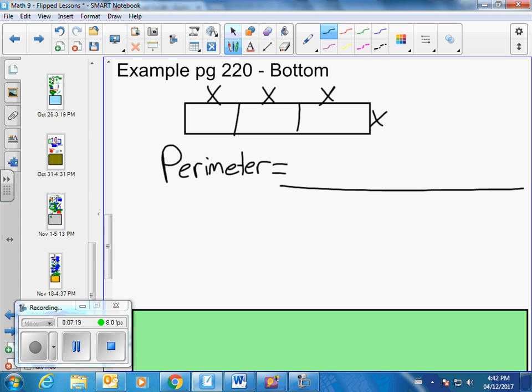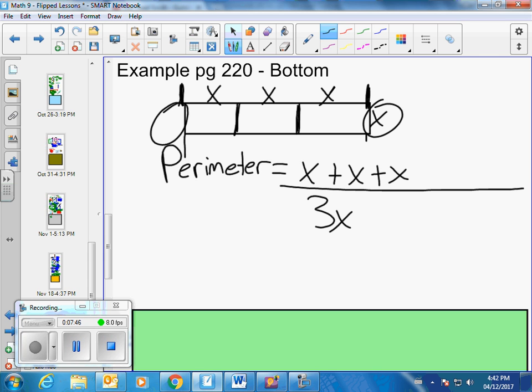All right. Well, I know from our last unit that perimeter is found by adding up all of the sides and adding them together. So my question becomes, what is the length of my top side? Well, it is x plus x plus x, or 3x.